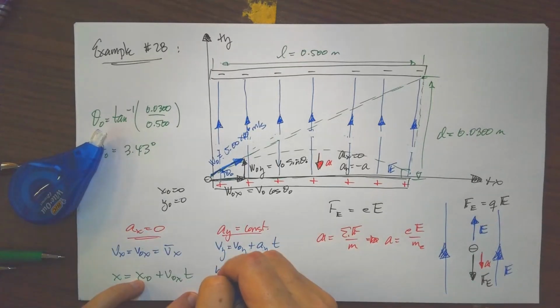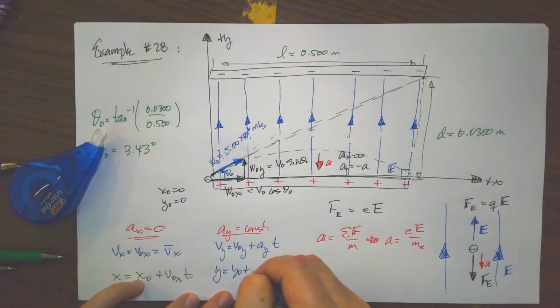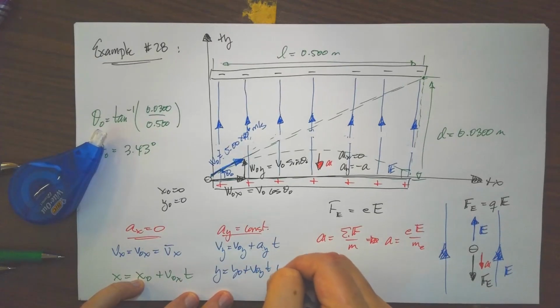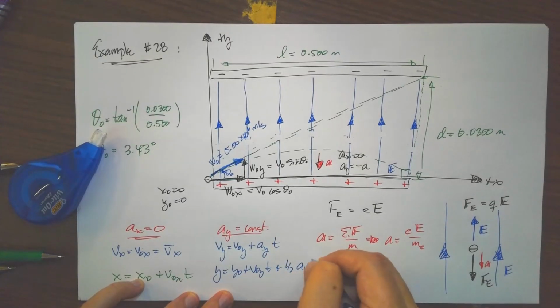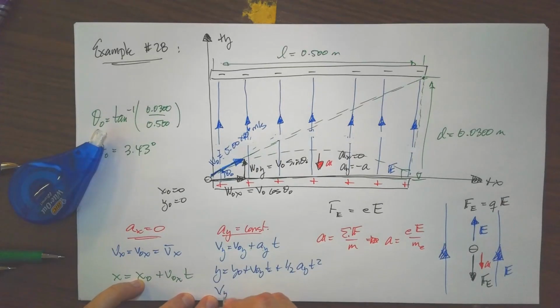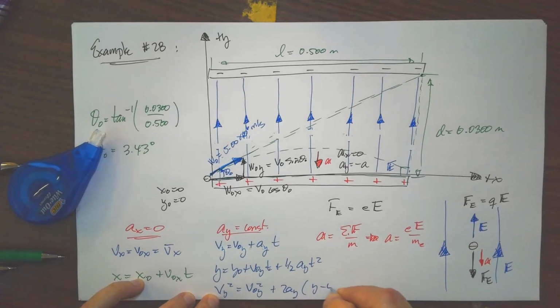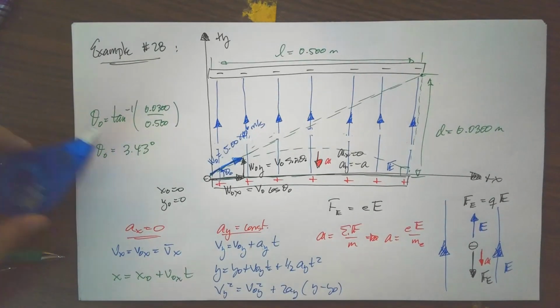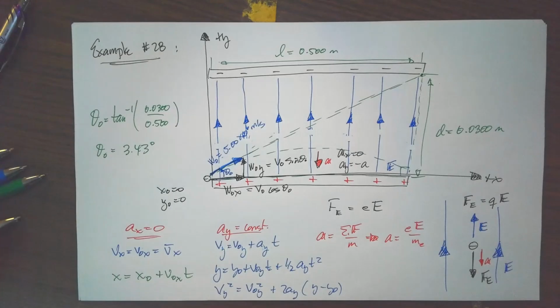And then we'll get that y is y naught plus V_0y times the time plus 1/2 a_y times the time squared. And we get V_y squared is V_0y squared plus 2 a_y times (y minus y naught). Okay?